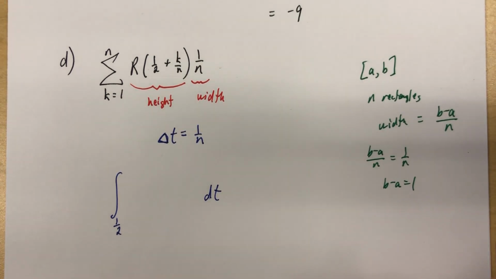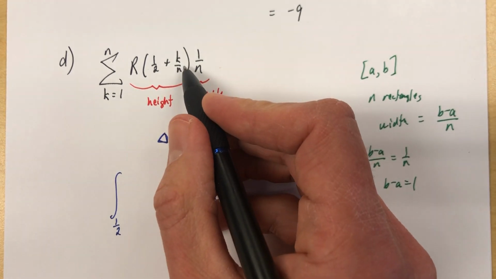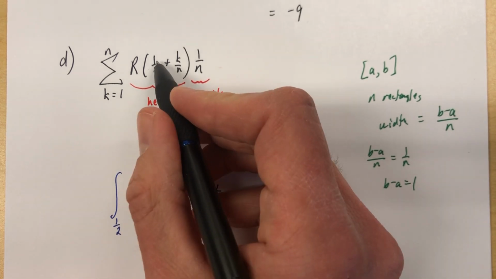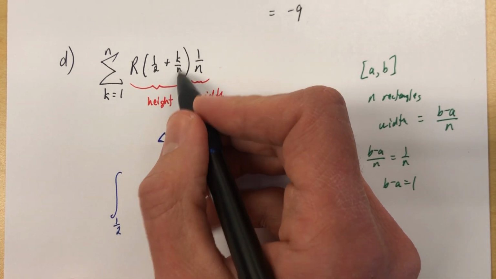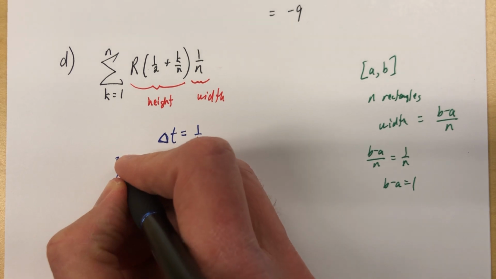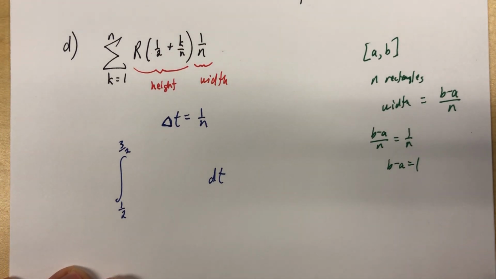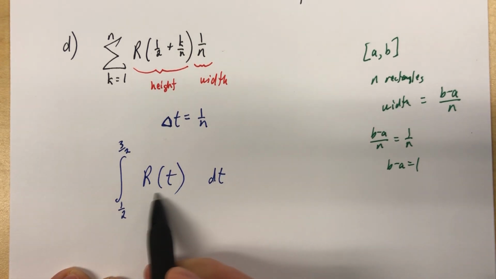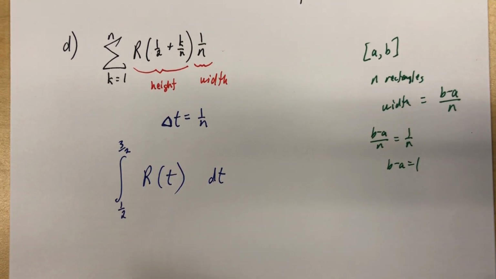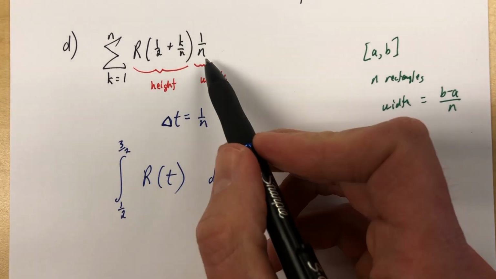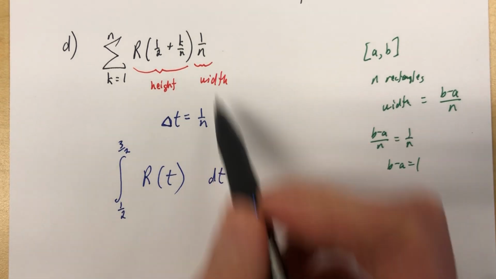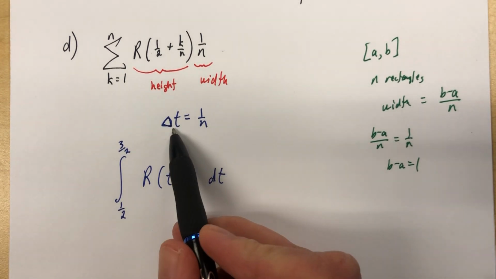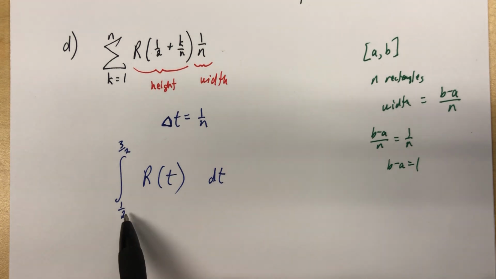Now that's technically an indeterminate form, but it is something in this context. It's something over itself. So I'd have 1/2 plus 1, which would give me 3/2. And so basically my function is what I'm evaluating. And there's the width. Delta t is my width. I can call it delta t, you can call it dt in this context. And it starts at 1/2 and it goes to 3/2.